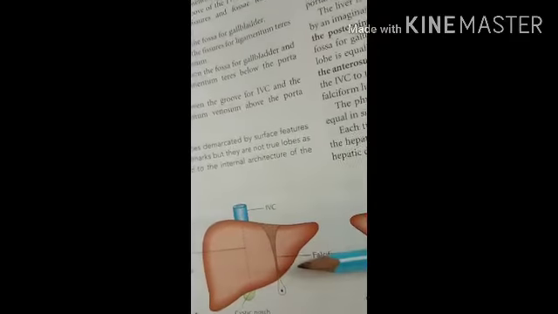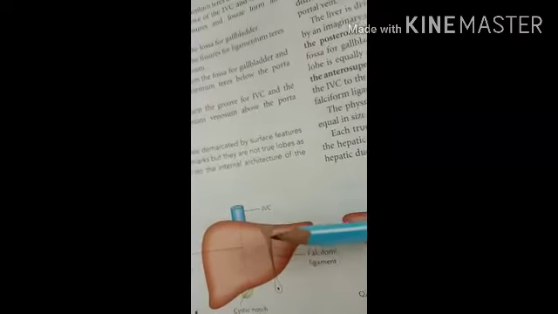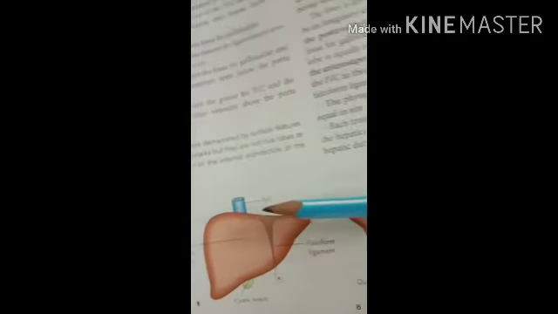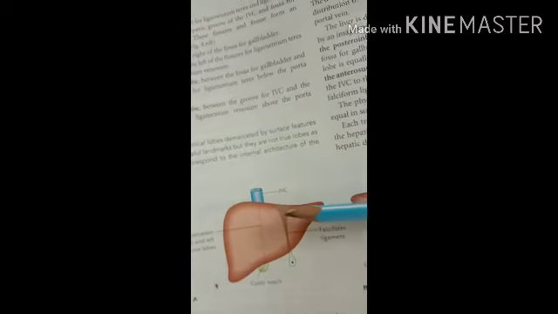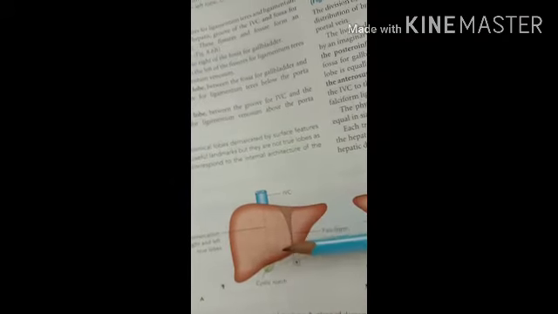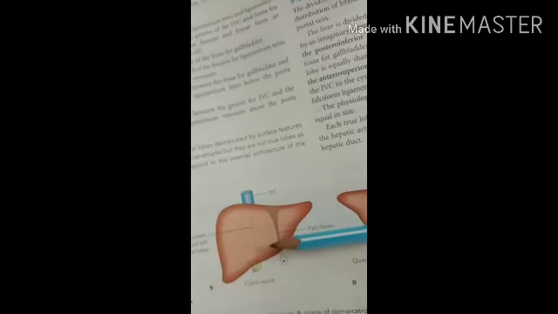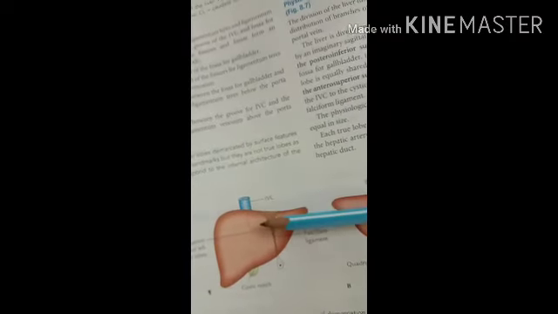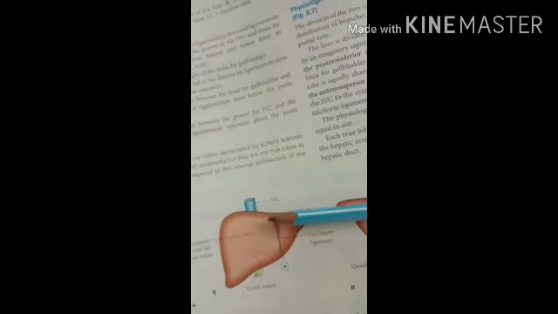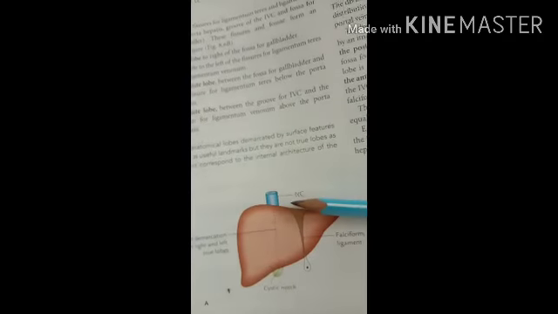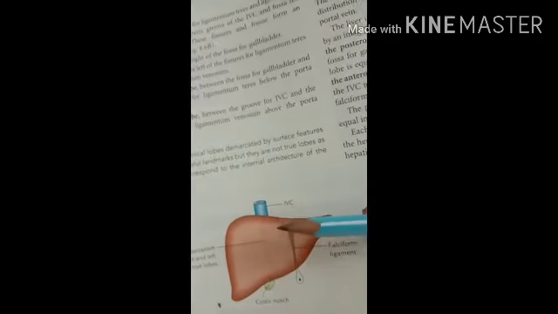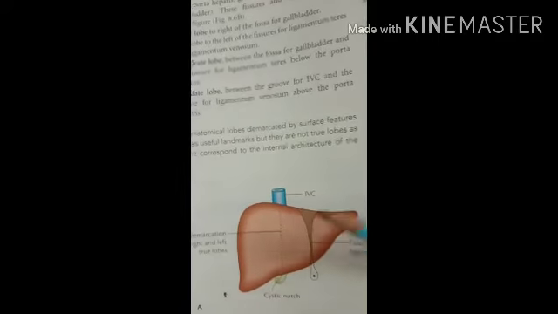In portal hypertension, a balloon catheter is introduced from the internal jugular vein in the neck region, passes into the superior vena cava, then the inferior vena cava, then through the hepatic veins into the liver tissue, and from the liver tissue into a portal vein branch. In this way, the transjugular intrahepatic portosystemic shunt is done.